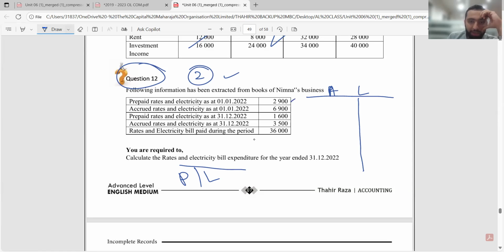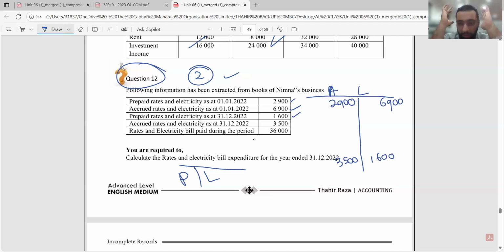In the asset account, 2,900 is the opening balance. And then the closing balance is how much? They have given 1,600. And in the accrued account, 6,900 is the opening balance. Now we are going on to the liability side. And then 3,500 is the closing balance.